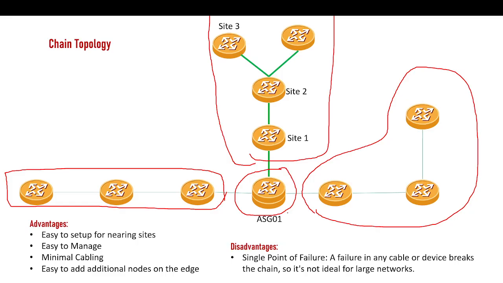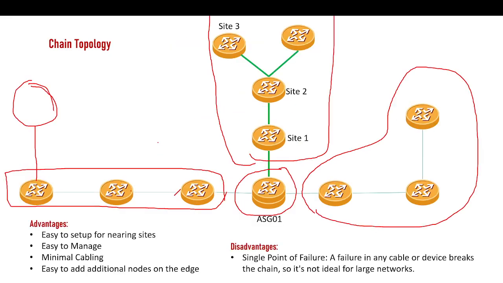It's easy to manage, with minimal cabling, because you just need one cable between the sites. Just run a cable from here to here, and you have the connection. It's also easy to add additional nodes on the edge. If you are adding a new node at the end of this chain, it's very easy. You do the cabling, you have accessibility to the device, you do the integration, that is it.